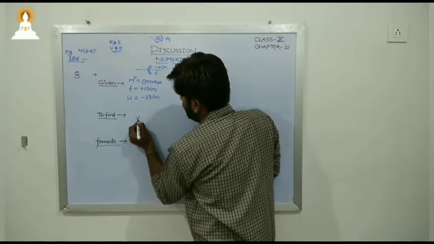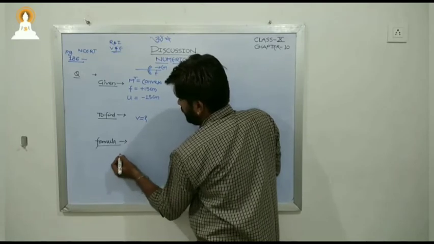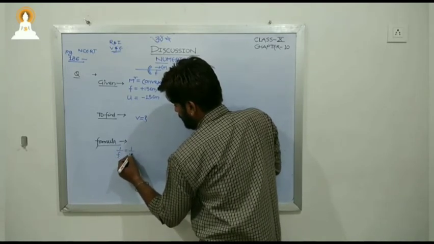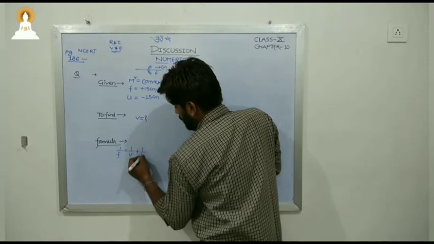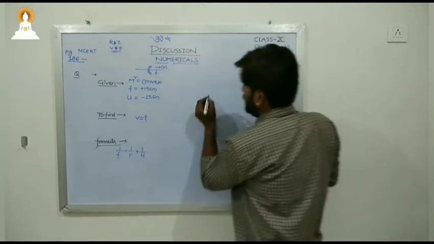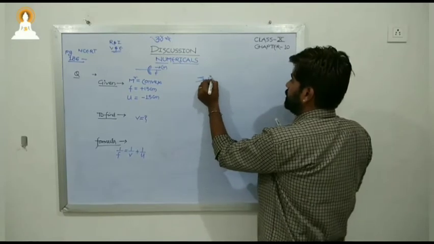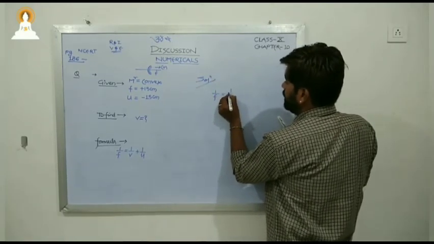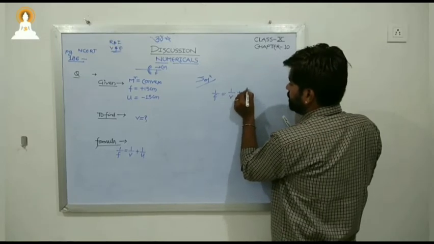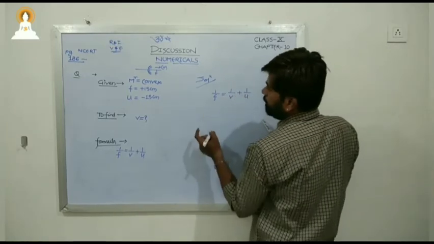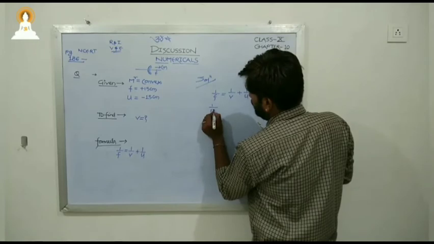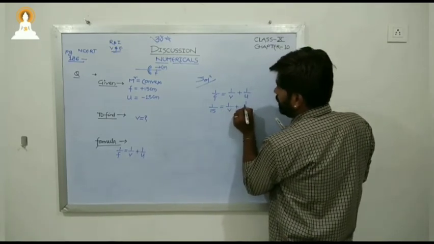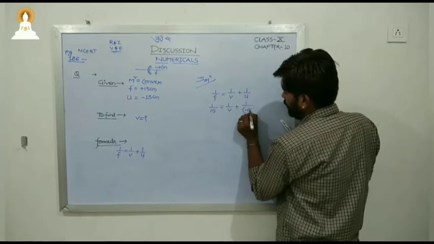We need to find v, and the formula we know is 1 upon f equals 1 upon v plus 1 upon u. So in the solution we may say 1 upon f equals 1 upon v plus 1 upon u. Now 1 upon f is 1 upon 15, which equals 1 upon v plus 1 upon minus 15.